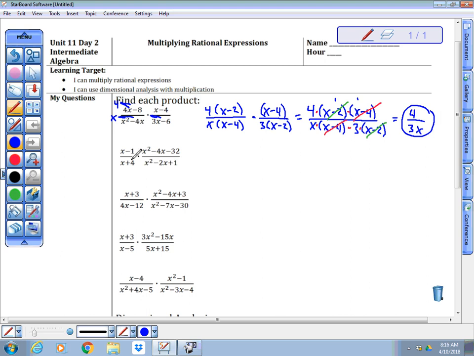Alright, the next one. The first fraction could be rewritten as x minus 1 on top and x plus 4 on the bottom. And then this one I'm going to factor. In factoring, it will be 2 parentheses, x for the first term, since x times x is x squared. For this last term, I'm thinking negative 8 times positive 4 will give me negative 32, but as I add them together, it gives me the minus 4x for the O and the I of FOIL.